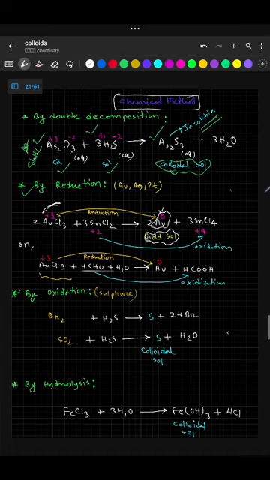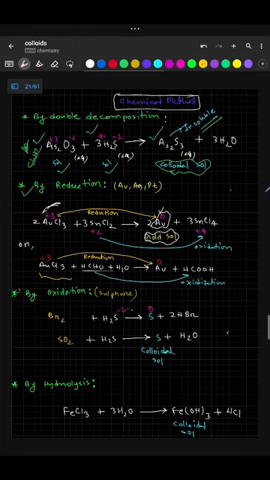That's how you get colloidal solution by oxidation. And if you ask how it is oxidized, you can see the sulfur charge here is -2, and here is 0.